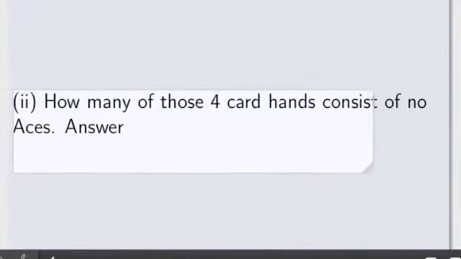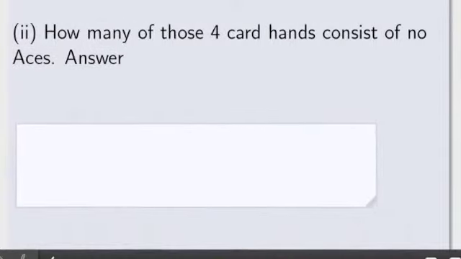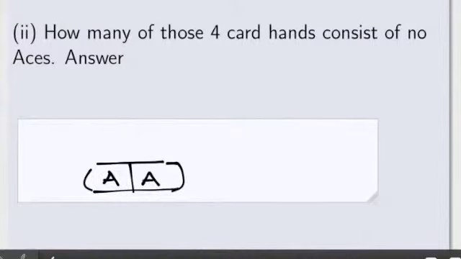How many of those 4-card hands consist of no aces? So now notice that we have categorized the subgroup. We've categorized the subgroup to consist of aces and no aces.